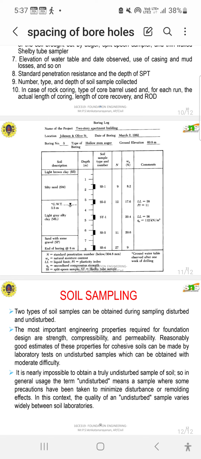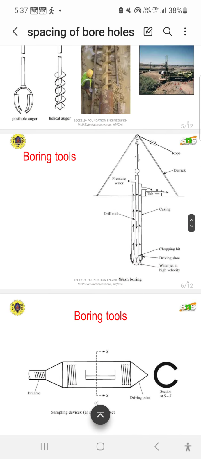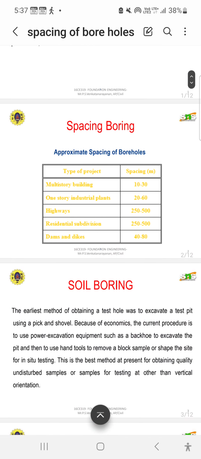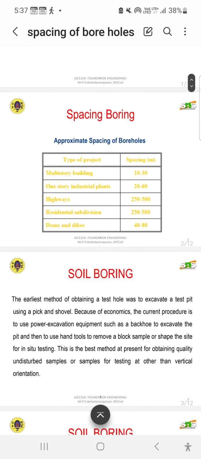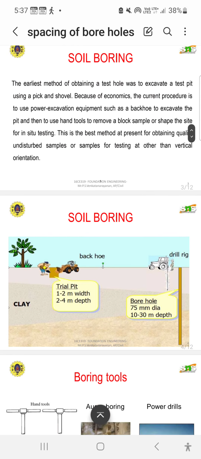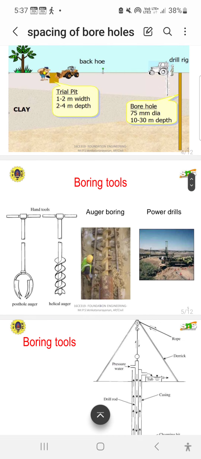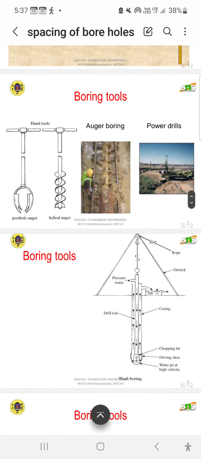Finally, to conclude, the topics we have covered are the spacing of bores and soil boring, what the spacing of soil borings will be, and the hand tools and construction techniques used in boring.